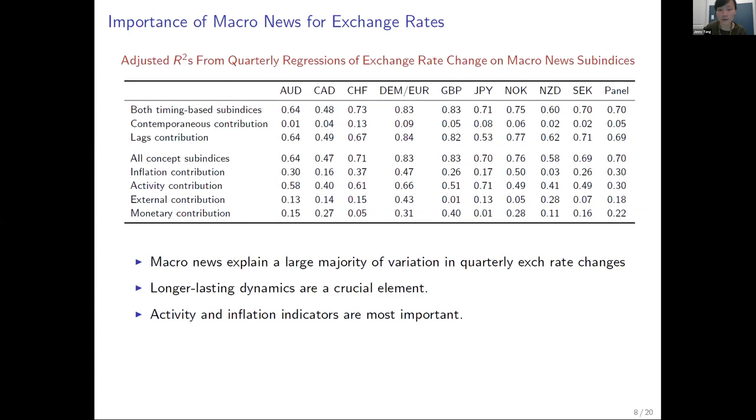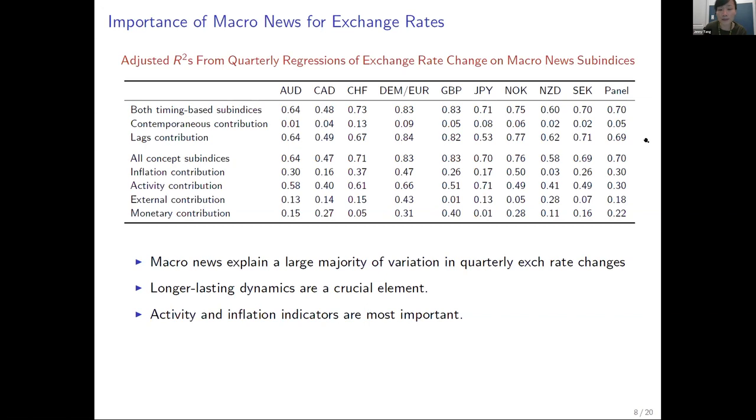When we break down those macro news indices into subcomponents by just splitting up the fitted values from different components of the first stage regression, we see that the longer lasting dynamics are a crucial element. The contribution of just the contemporaneous macro surprises in the second line here is quite small, whereas the longer 6 month lags, 6 trading month lags, contribution is almost the entire adjusted R-squared.